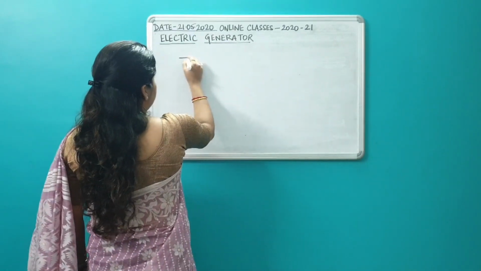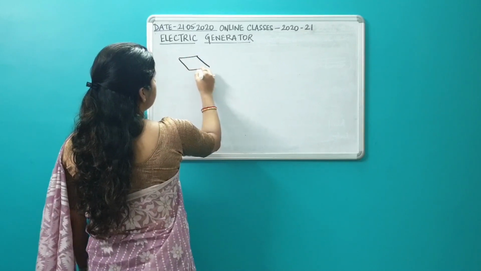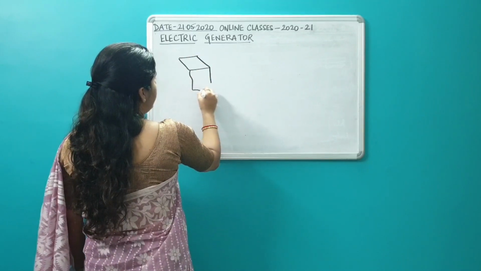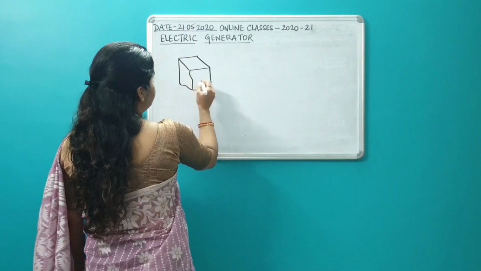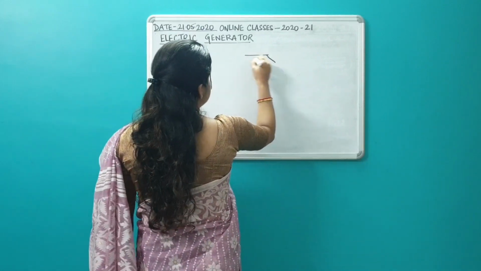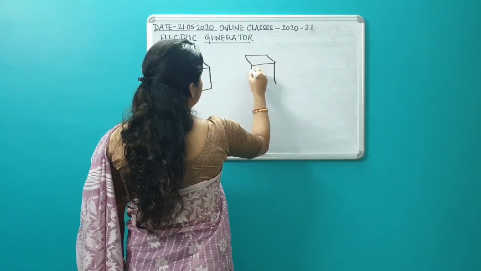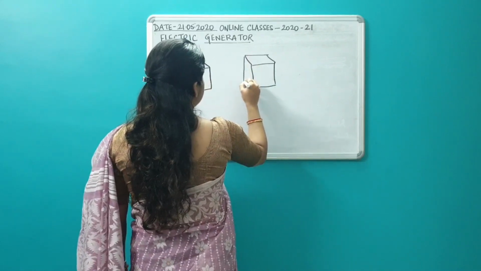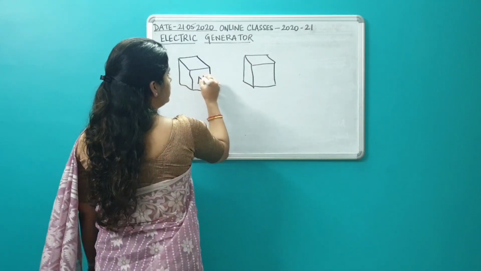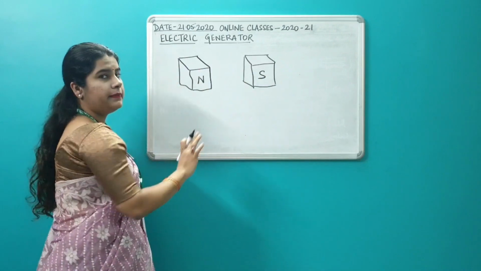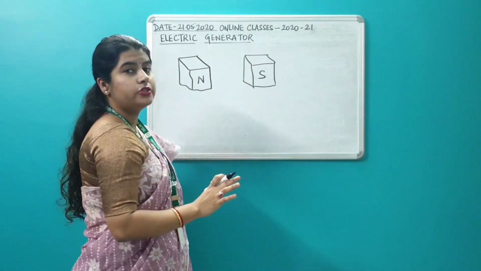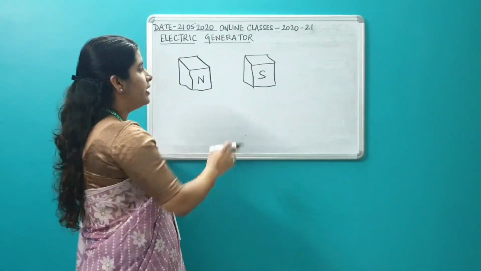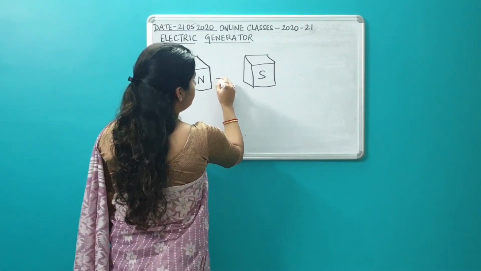See, follow. Here I am drawing the magnetic field just like yesterday's drawing, somewhat similar, with a little bit of difference. This is the north pole, this is the south pole, so this is the magnetic field, and we are going to place a rectangular coil on this magnetic field.